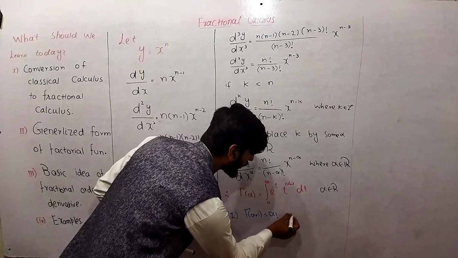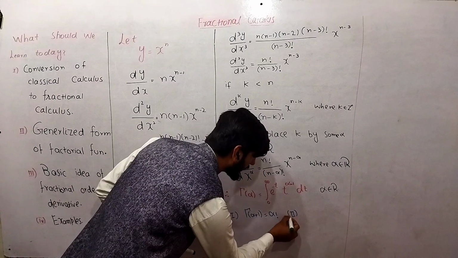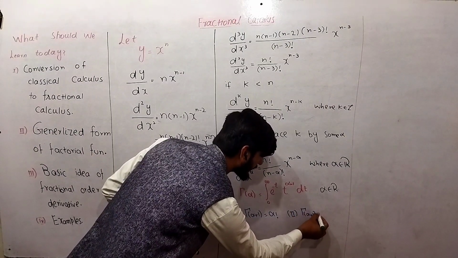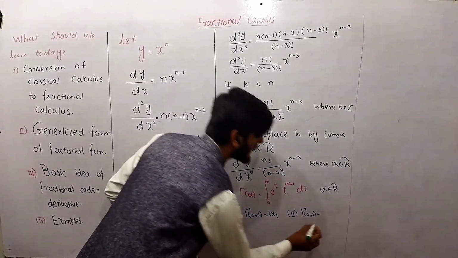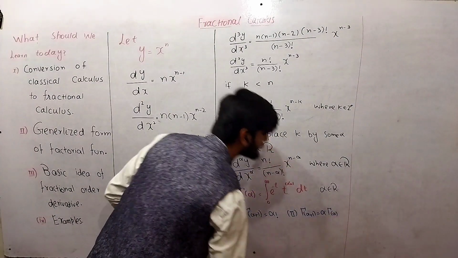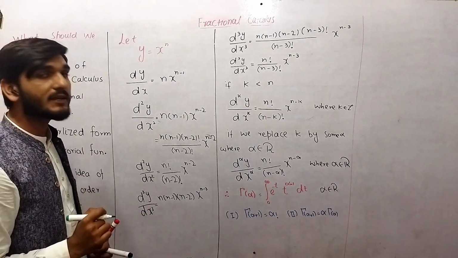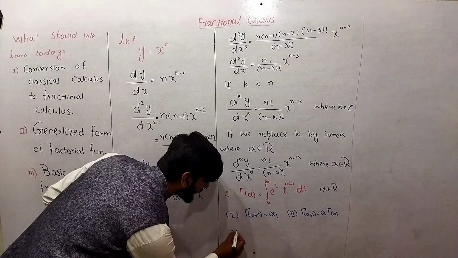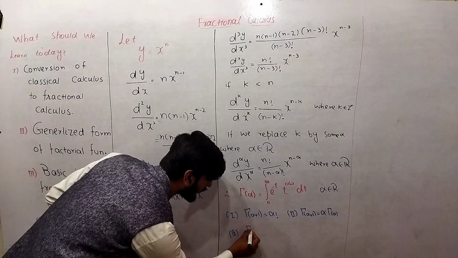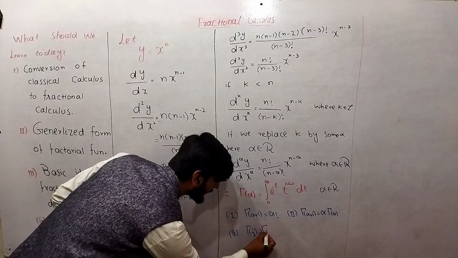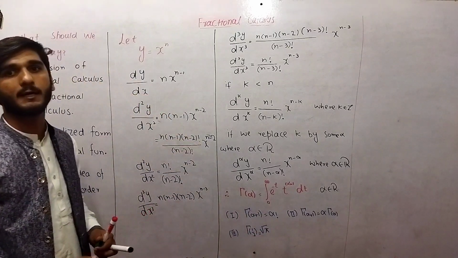The second property is gamma of alpha plus 1 can be written as alpha times gamma of alpha. For the specific number 1 over 2, gamma of 1 over 2 is the square root of pi.